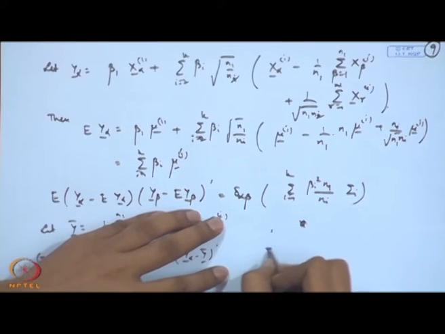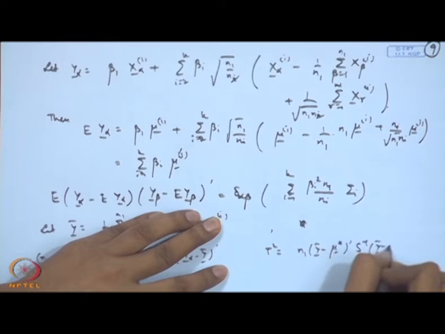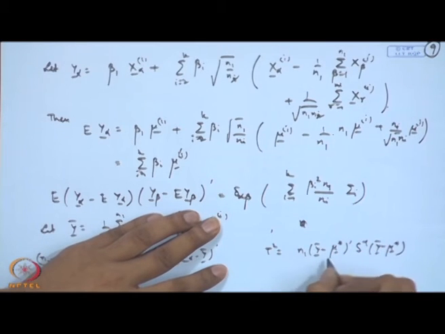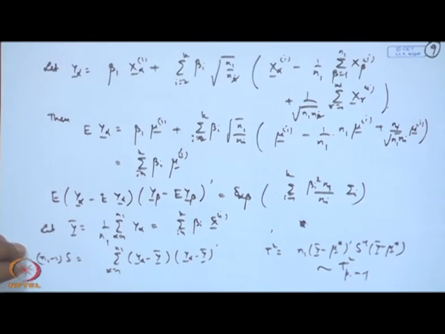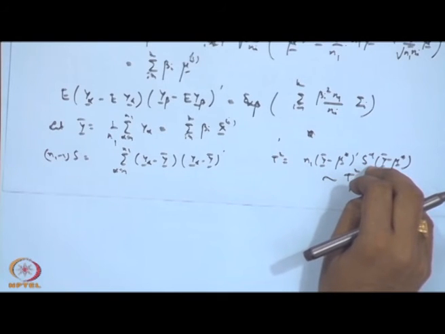Then if I consider T square as n 1 y bar minus mu star prime S inverse y bar minus mu star, then that will have T square p, n 1 minus 1. So, we can consider the Hotelling's T square test based on this here.